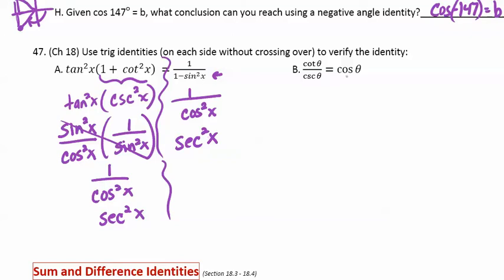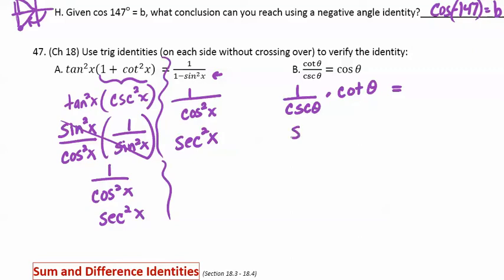All right, for letter B, same idea. How can we verify that these two expressions are equal? Well, clearly the right-hand side is already simplified, so I think our goal here would be to work on the left-hand side. So how could we rewrite this? You don't have to show every one of these steps, but I'm going to split this up here so everyone recognizes what I'm going to do. Do you see that I just factored the denominator out of the numerator? Because what is 1 over cosecant?